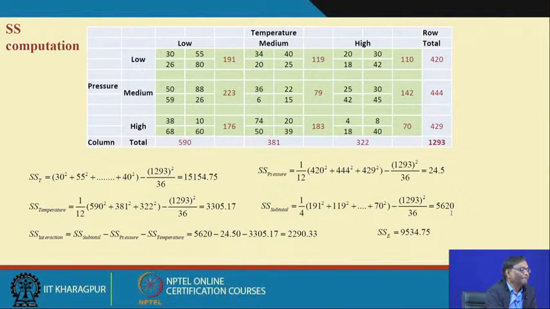Then SS interaction is the SS subtotal minus the temperature and pressure sums of squares. SSE is SST minus SS subtotal, where SS subtotal is 5620.